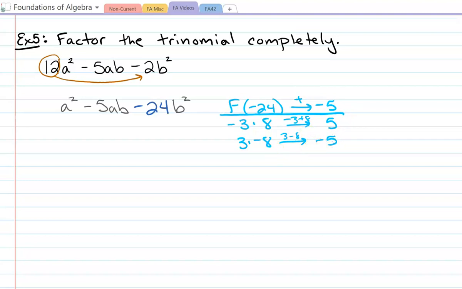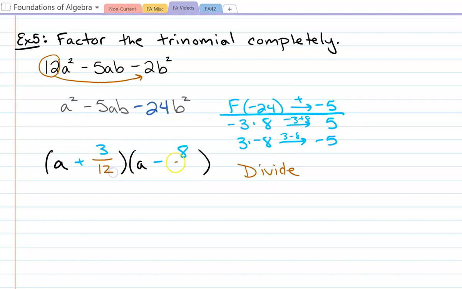Okay, so put that into our form. So we got a, and we have plus 3 minus 8, and we're dividing out again by the number that we multiplied by before, so the 12. And we also have to have the b taken into account.